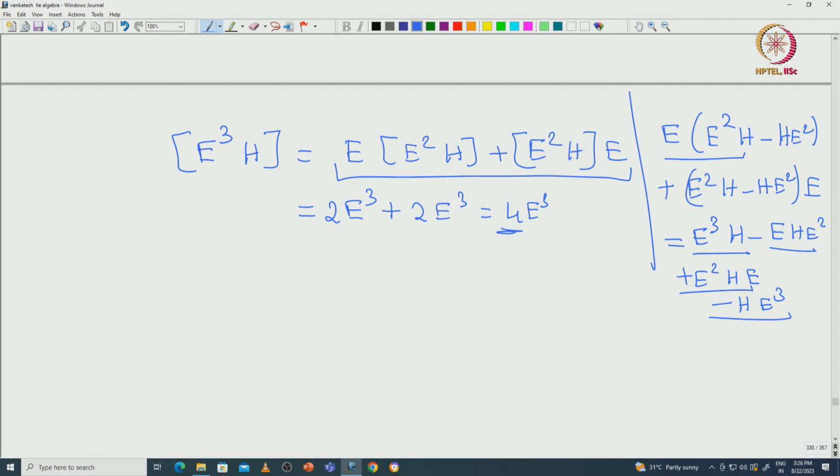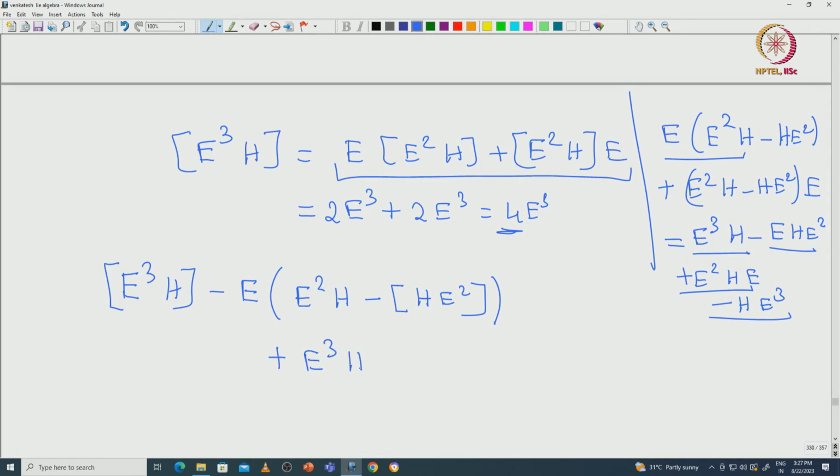You are getting E cube H and then minus E times E square H minus the bracket H E square, and then plus again E cube H can replace bracket H E. So this is the term that you get.